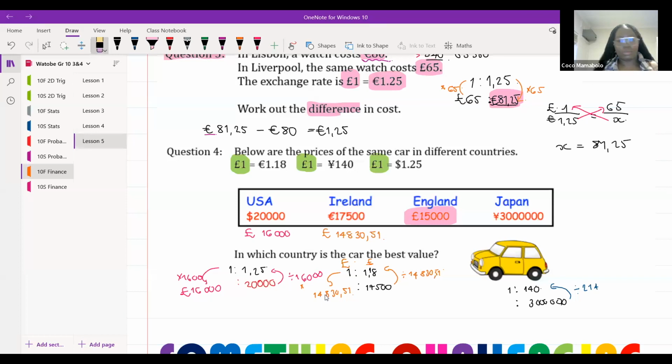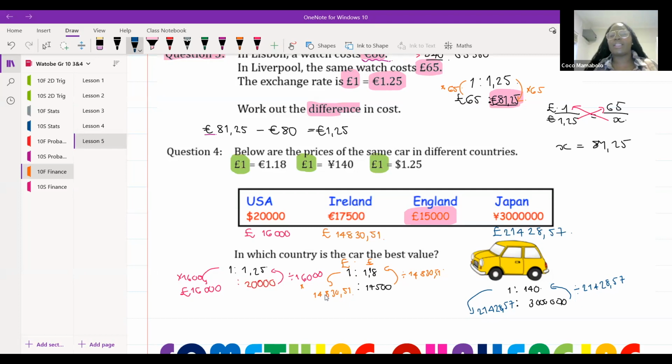21,428 and 57 cents. 428. So on this side, it's also going to cost 21,428 pounds. Yes. All right.